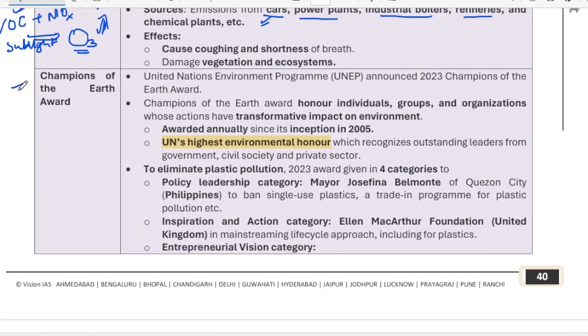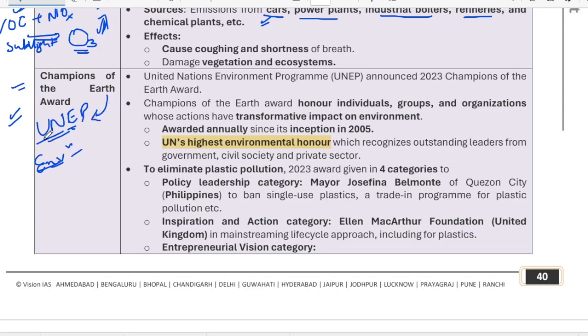Champions of the Earth Award. The Champions of the Earth Award is given by the UN Environment Program, UNEP, in the environmental domain. You must remember only this information, that this award is given by UNEP in the environmental domain.